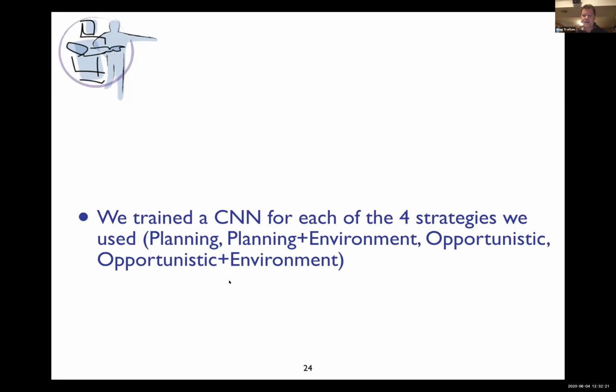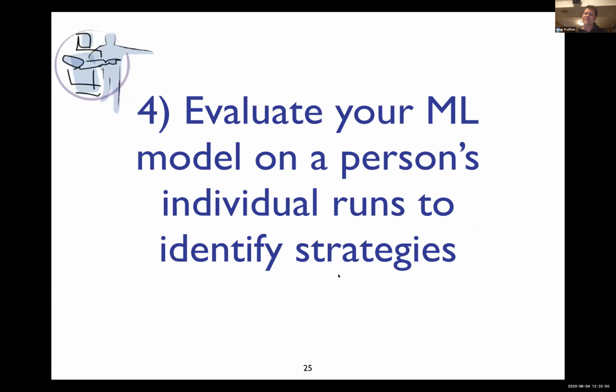If you could just think for a second which one you think individuals would use the most. I've talked to a few people about that, and everybody thinks that people are going to use some version of opportunistic, and some people are going to use some form of planning. Most people hedge at some point and say it's a little bit of both, and that's kind of the next piece.